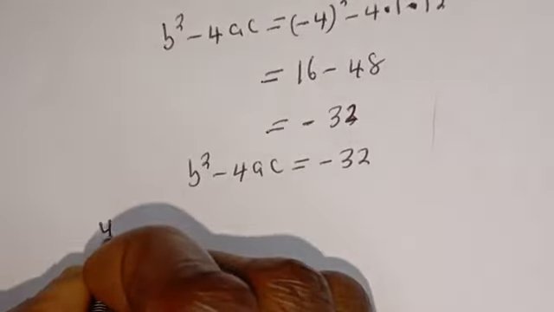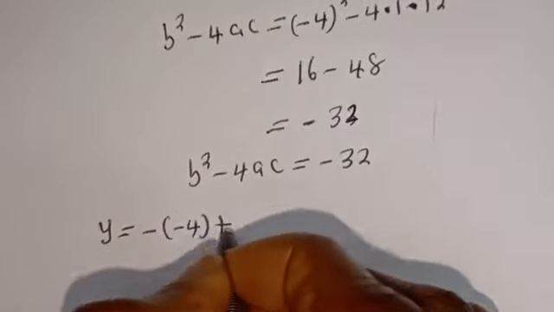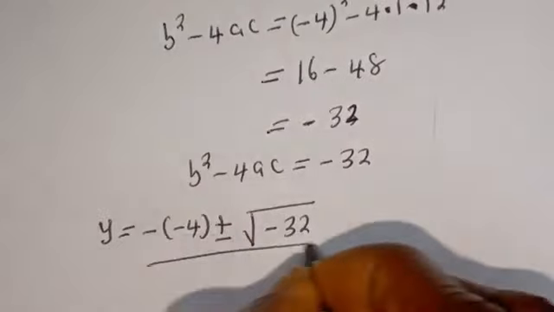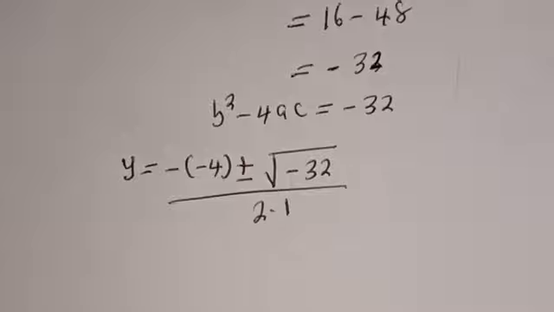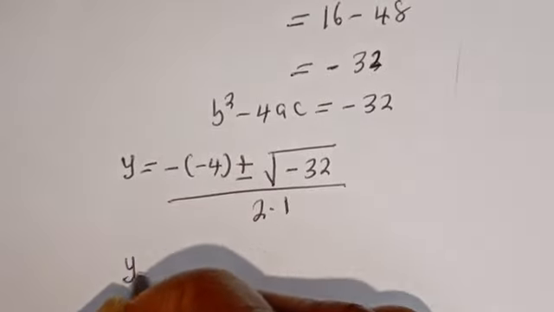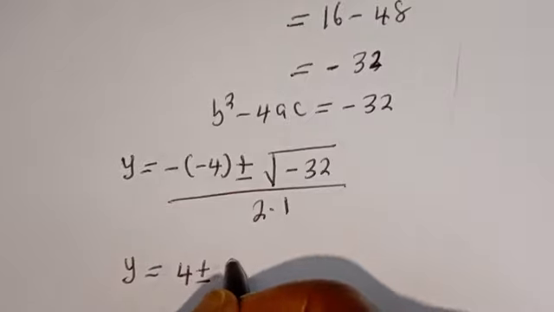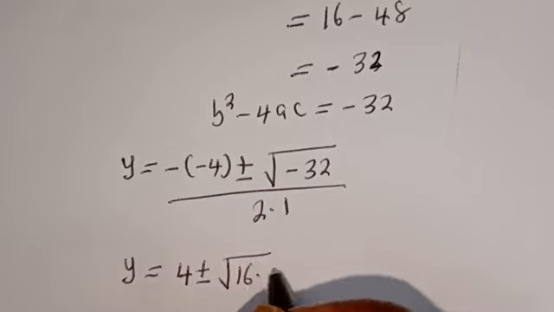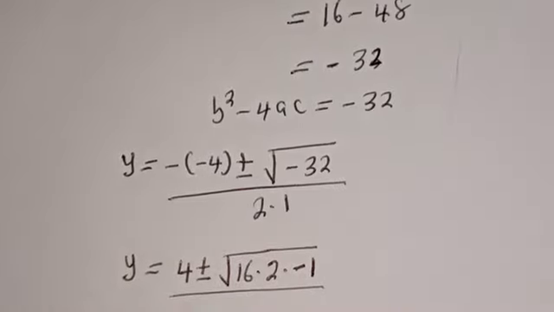y is equal to minus bracket minus 4 plus or minus square root of minus 32, divided by 2 multiplied by 1. y is equal to minus times minus 4, this is 4, plus or minus square root of minus 32, which can be written as 16 multiplied by 2 multiplied by minus 1, divided by 2.